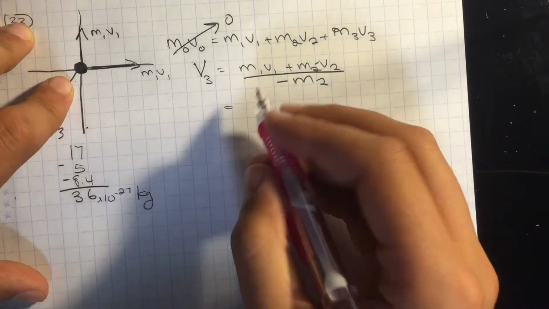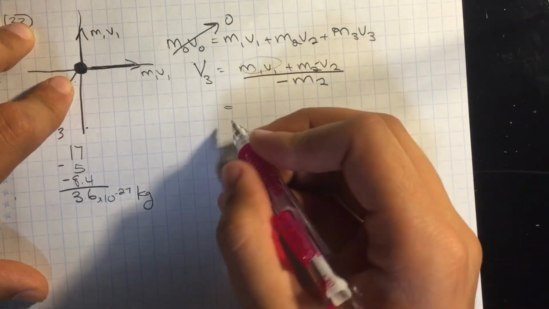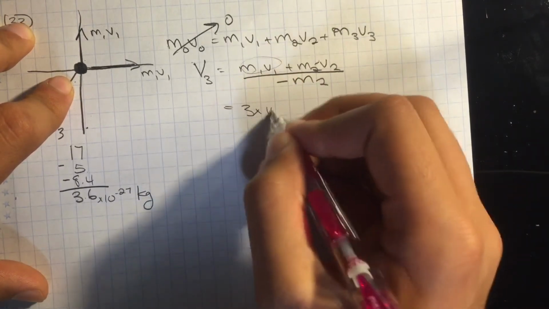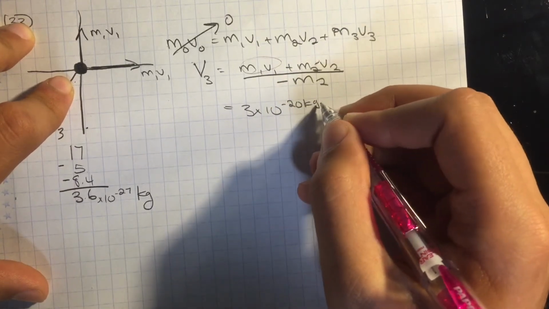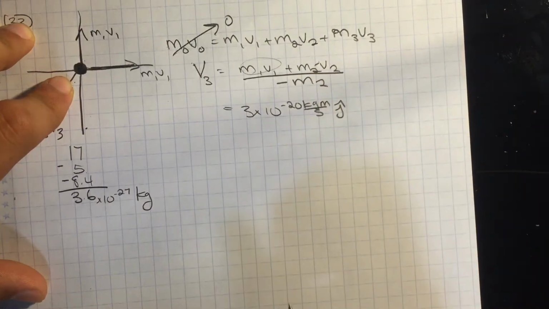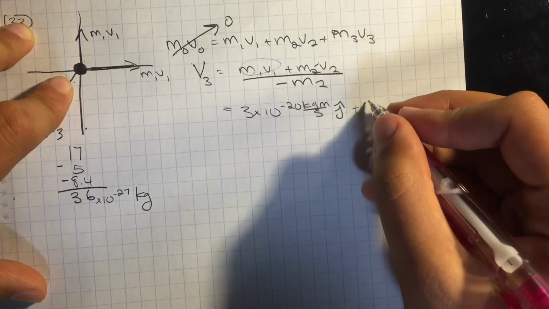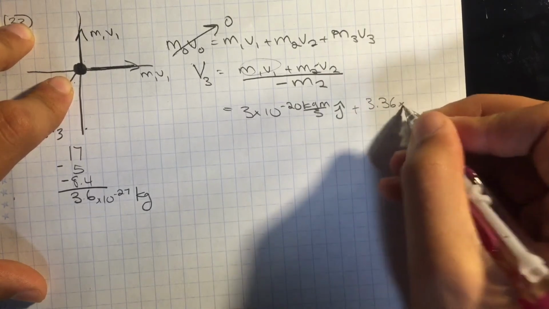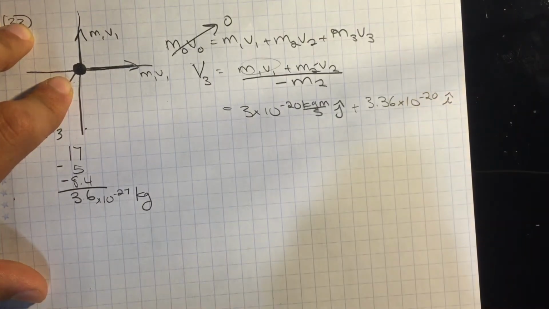Okay, so mass times velocity, the momentum for number 1, is 3 times 10 to the negative 20 kilogram meters per second in the j hat direction. And then the momentum for part 2 is 3.36 times 10 to the negative 20 in the i hat direction.